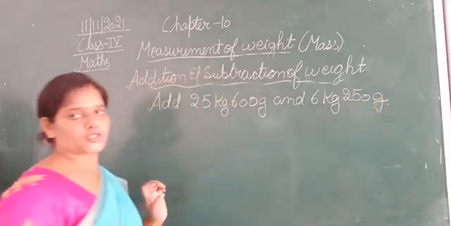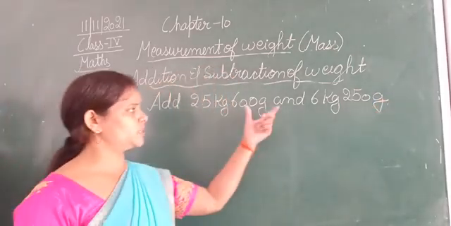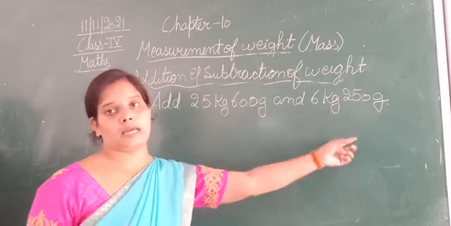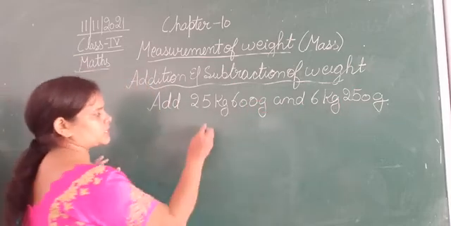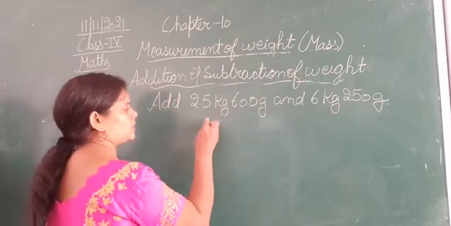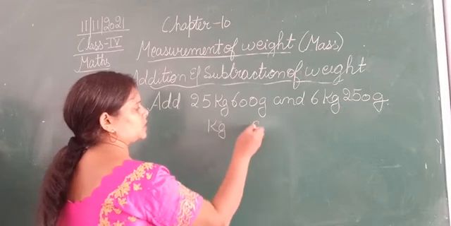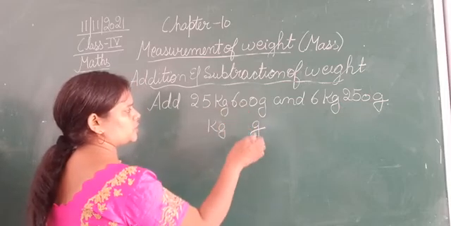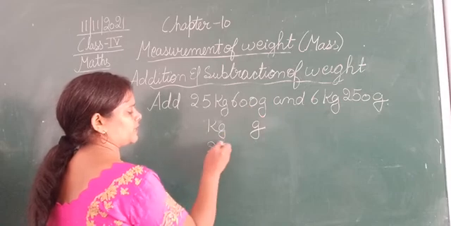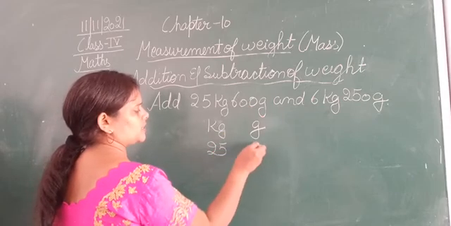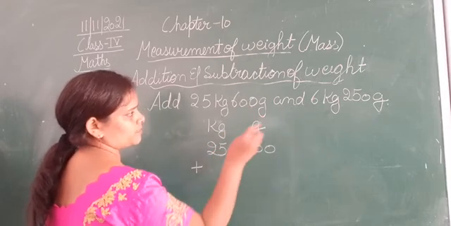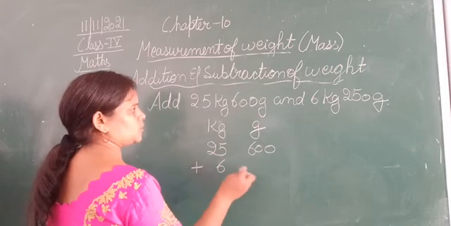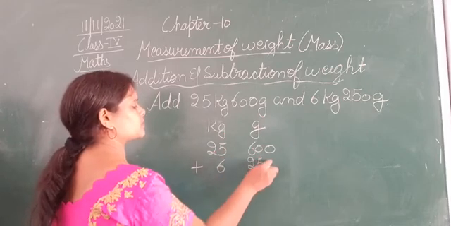That means you are going to add kg with kg, grams with grams. Let's write it in column form. This is kg, this is gram, so kg under kg, gram under gram. This is 25 kg 600 grams plus 6 kg 250 grams.